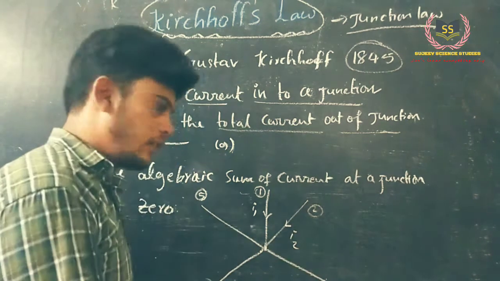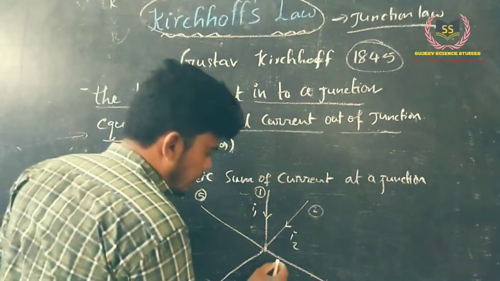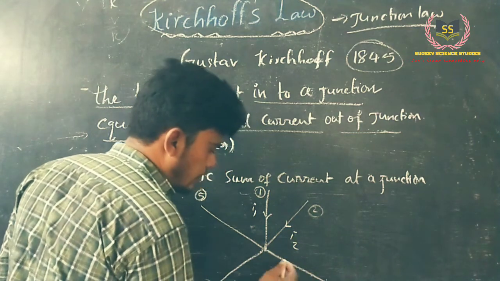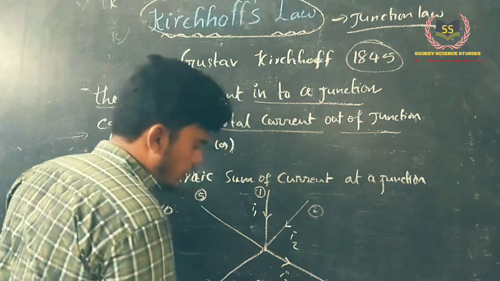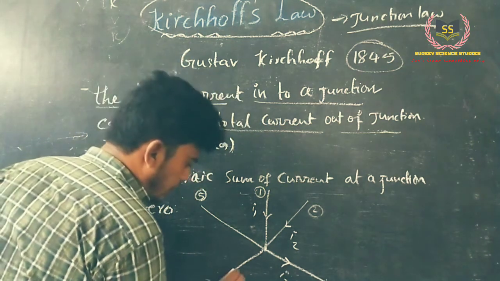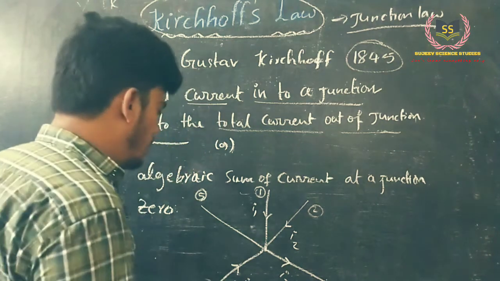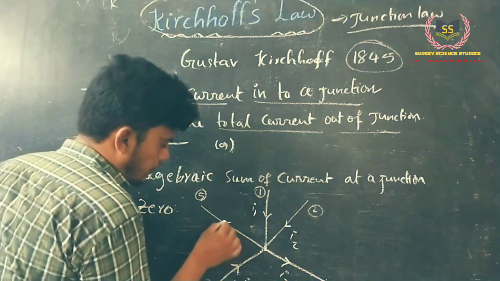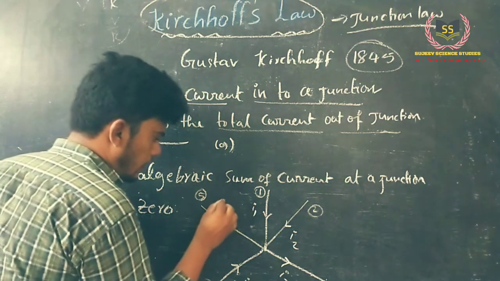You can write it anywhere. Wire 3 goes out of the junction, this is I3. Conductor 4 goes into the junction, it is I4, and in conductor 5, the current flows out of the junction, it is I5.